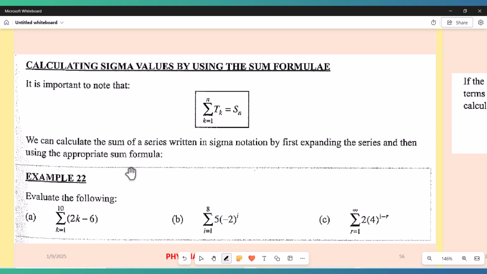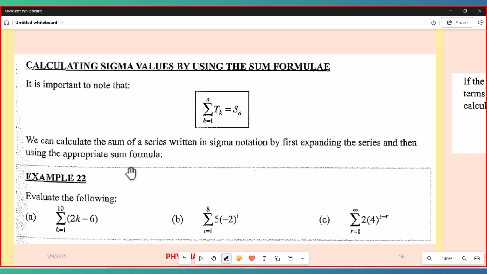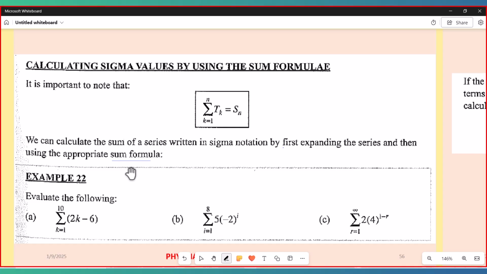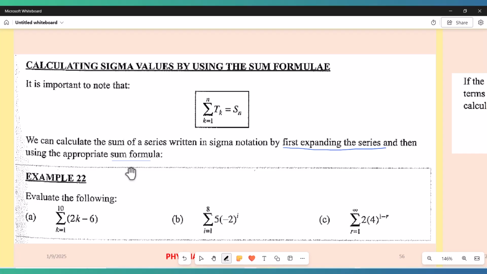So when they give us a question, we first expand the series. After expanding the series, we use the appropriate formula. Now this formula can be the one for geometric or arithmetic. We have two types. And then when we are done, we find the sum of those n terms.